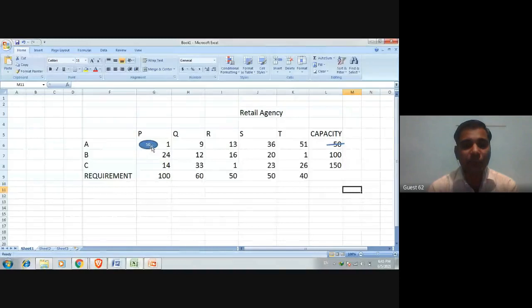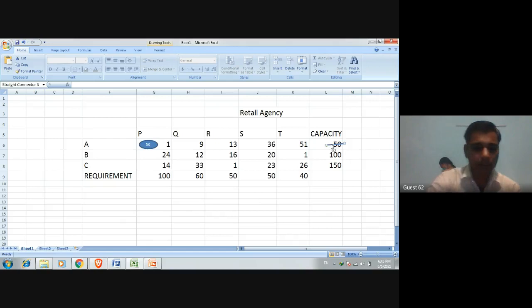That is 50, because its requirement was 100 units and the source has fulfilled only 50 units. The requirement of 50 units is still left. So after allocating 50 units, 50 units are left.